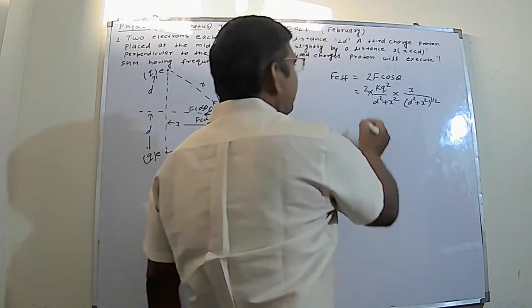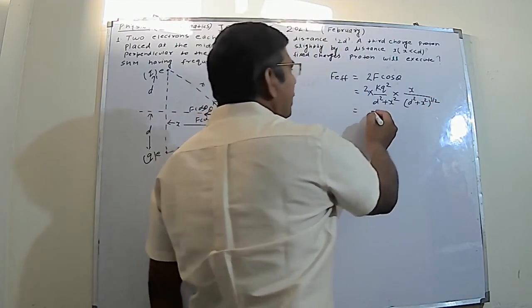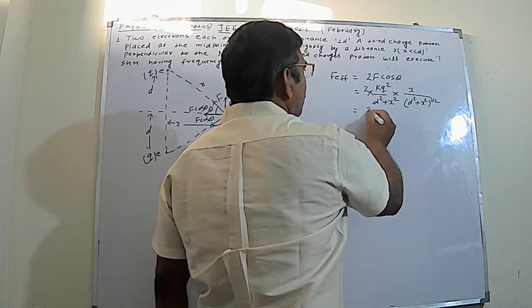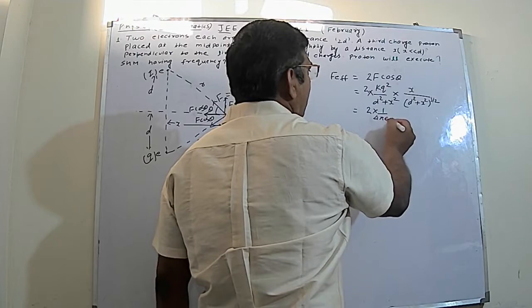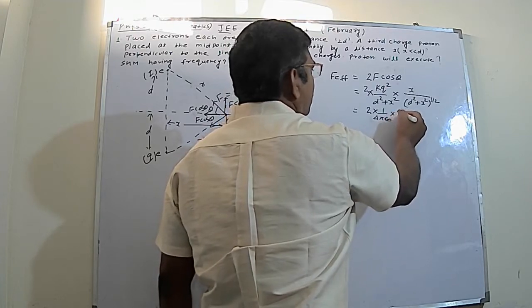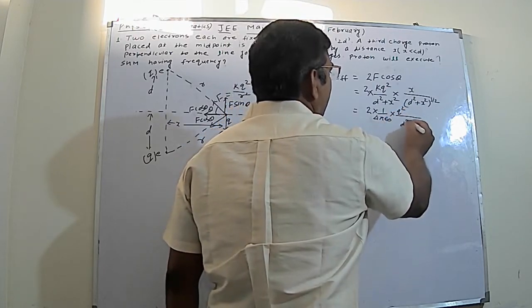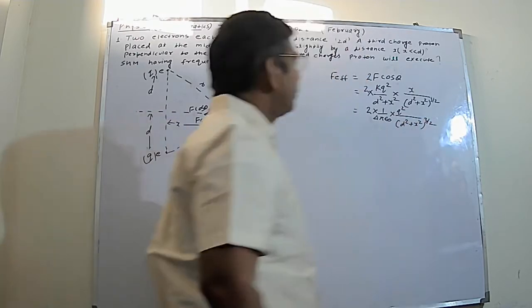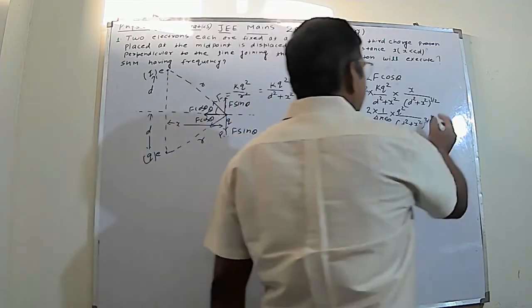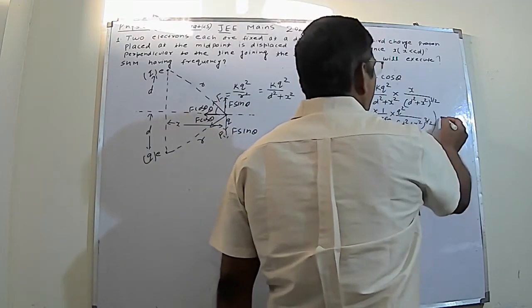So now what will be the F effective? If we write k is equal to 1 by 4 pi epsilon naught, F effective is 2 into 1 by 4 pi epsilon naught into q square divided by d square plus x square to the power 3 by 2, and then we are having x.